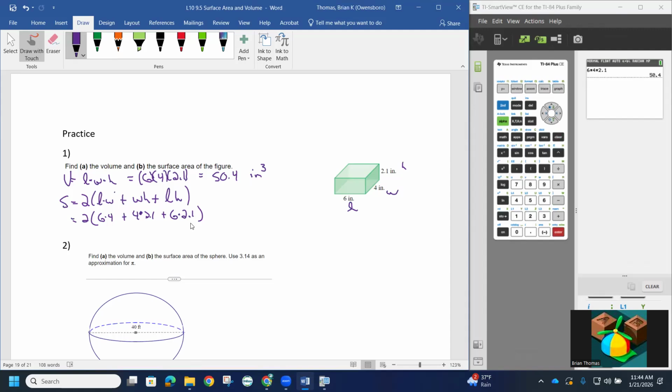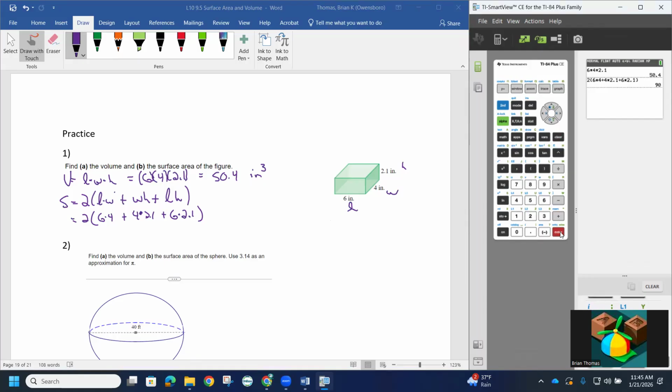Again, I can just put this straight into my calculator: 2 in parentheses, 6 times 4 plus 4 times 2.1 plus 6 times 2.1. Then close my parenthesis and hit enter, and it should give me an answer of 90.